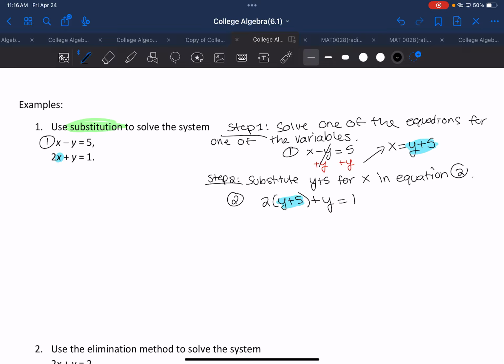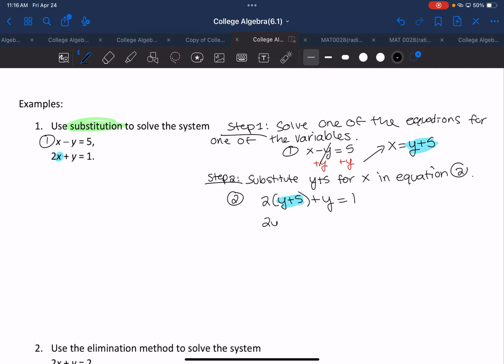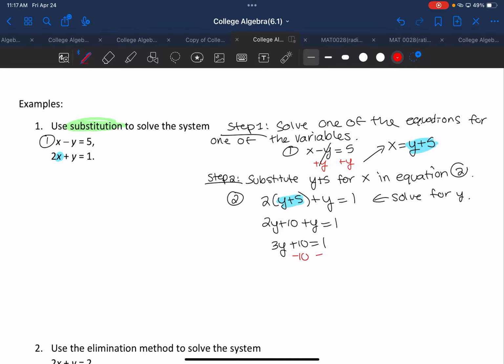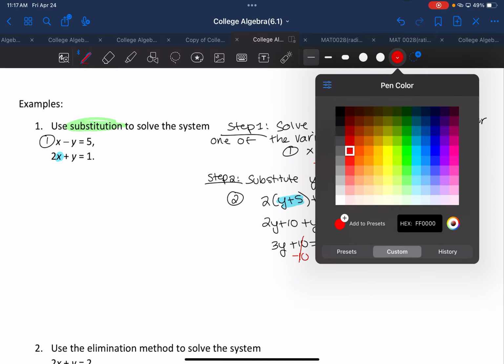So I'll distribute that 2, which will give me 2y plus 10. Bring down the plus y equals 1. And I'll draw a little arrow: solve for y now. That's what we're doing. Then 2y plus y is 3y. Bring down the plus 10. Subtract the 10 from both sides.